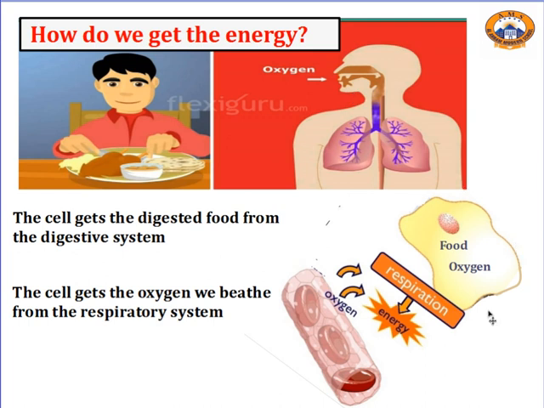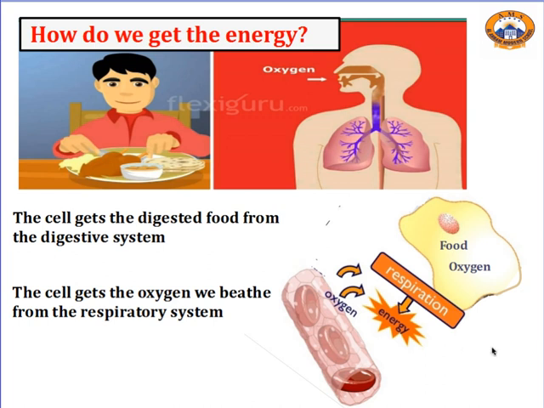So now, after the blood carries the food from the digestive system and transports it to all your cells, and also carries the oxygen from the respiratory system and transports it to the body cells, now the cell is ready to produce the energy.